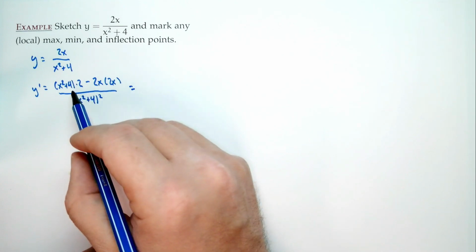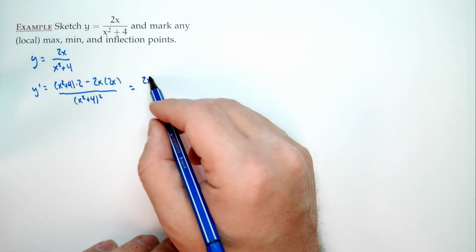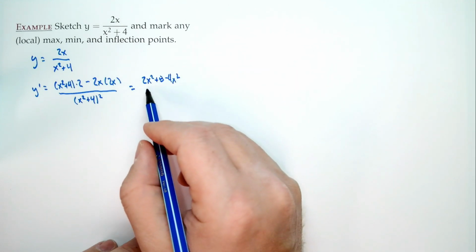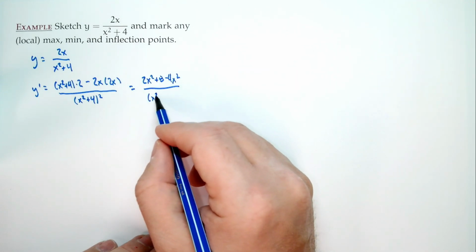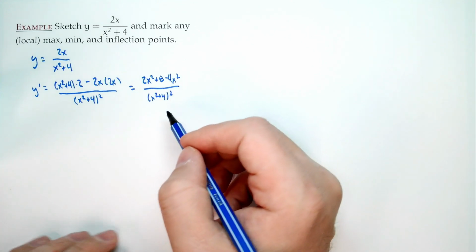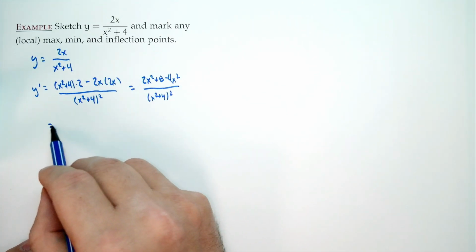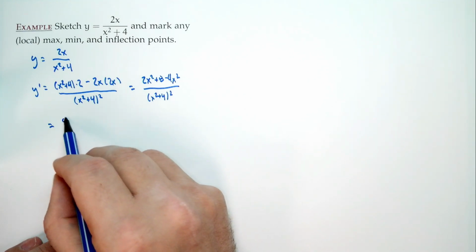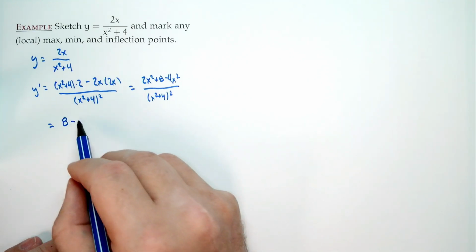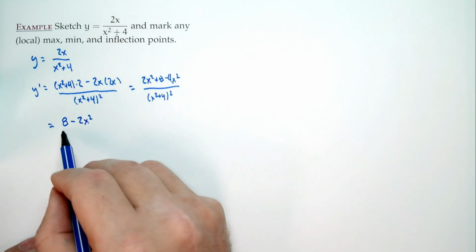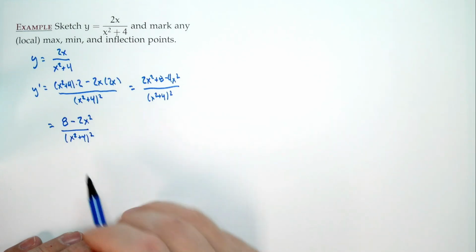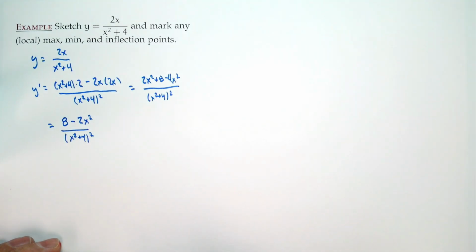Well, that gives us 2x squared plus 8 minus 4x squared, all over x squared plus 4, quantity squared. And if you simplify that, which we probably want to, that will give us 8 minus 2x squared divided by x squared plus 4, quantity squared. Now, that's the first derivative.